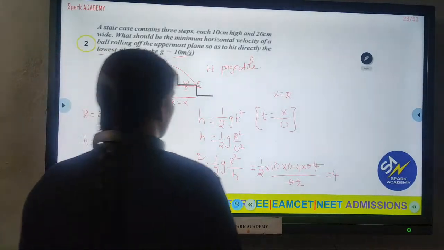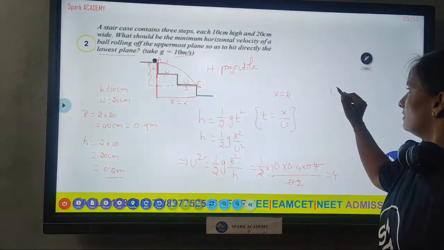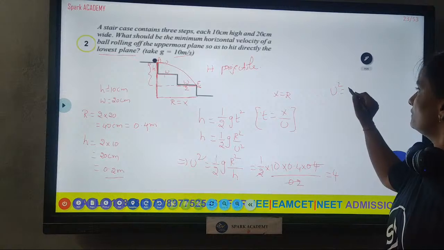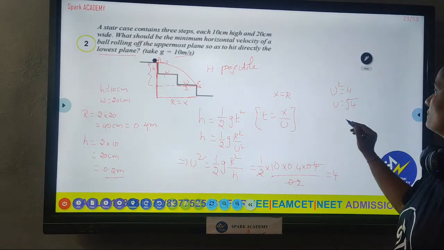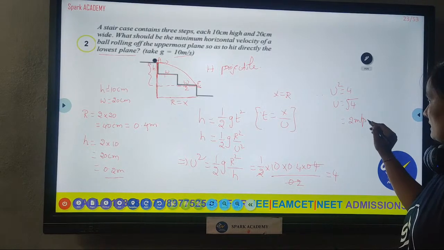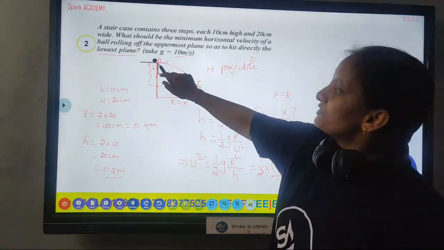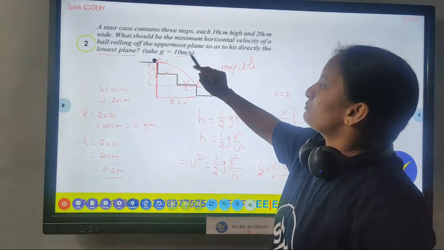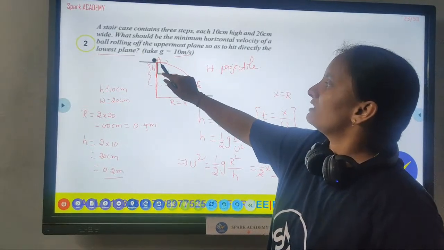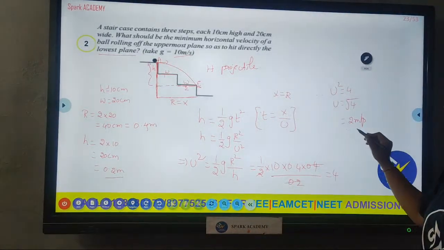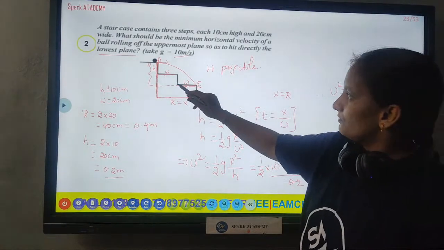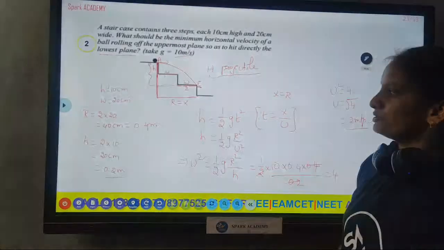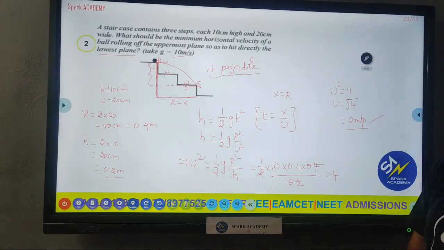That is the u square value. So u square is equal to 4, u is equal to root 4. So at the uppermost plane, it is given a horizontal velocity of 2 meter per second. So with the help of horizontal projectile, we have solved this question.